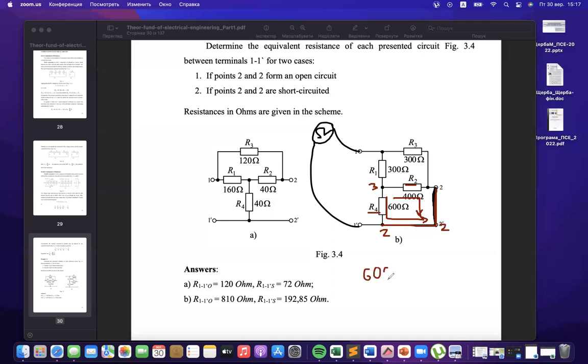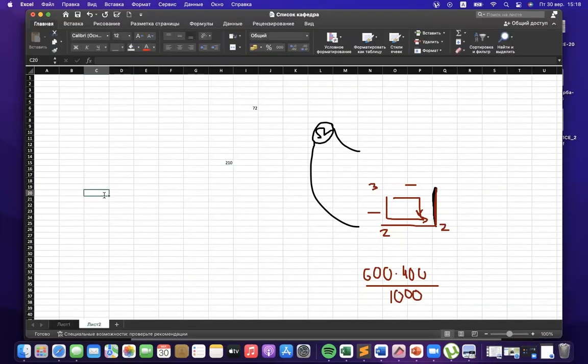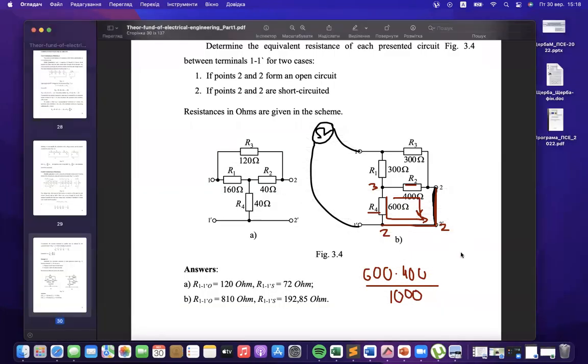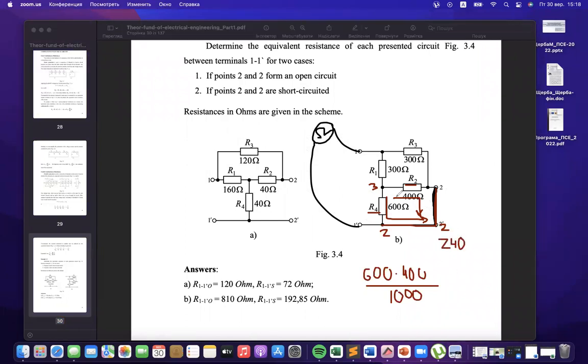We are using those formula, then they should be multiplied and then divided on the adding. It will be 600 on... Yeah, it will be 240 as the answer on these two. And then plus R1.